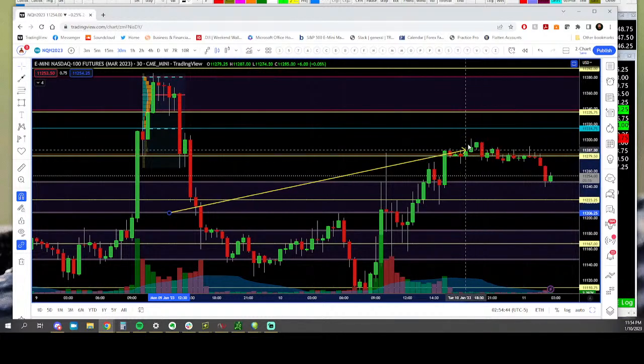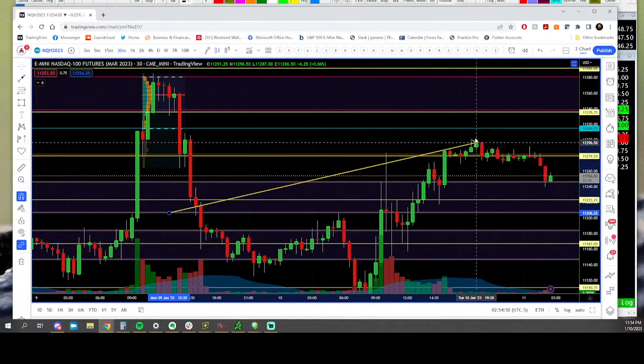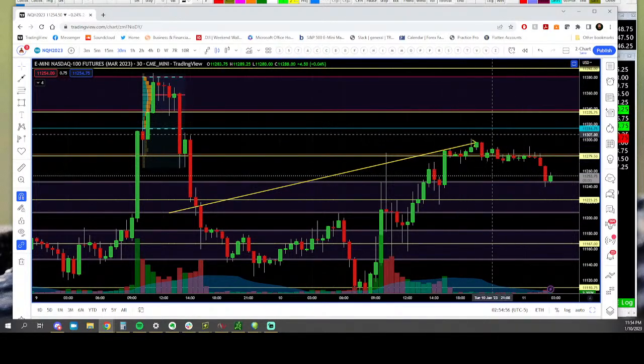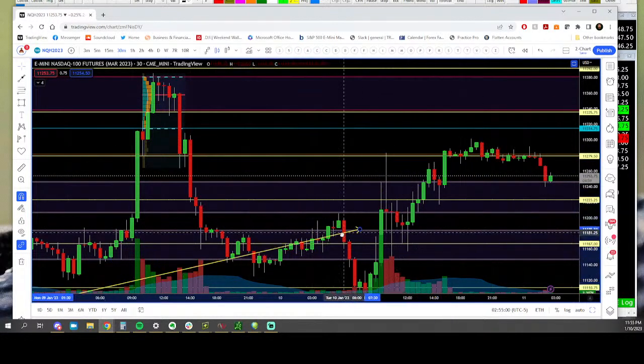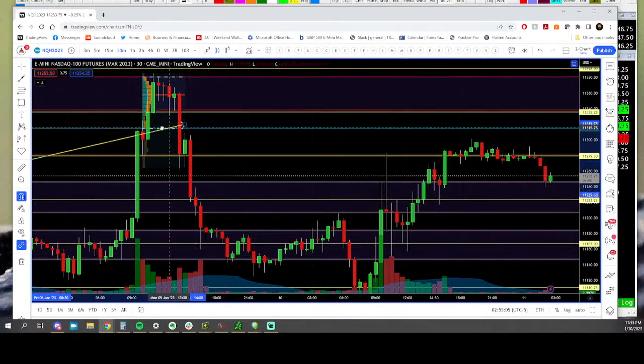But once you get this spike that looked a little bit concerning, and then a close above it, you know they're going to get some sort of a pullback. They're going to try to shake out these longs, and it might go significantly lower, but eventually we're probably going to get back up here.